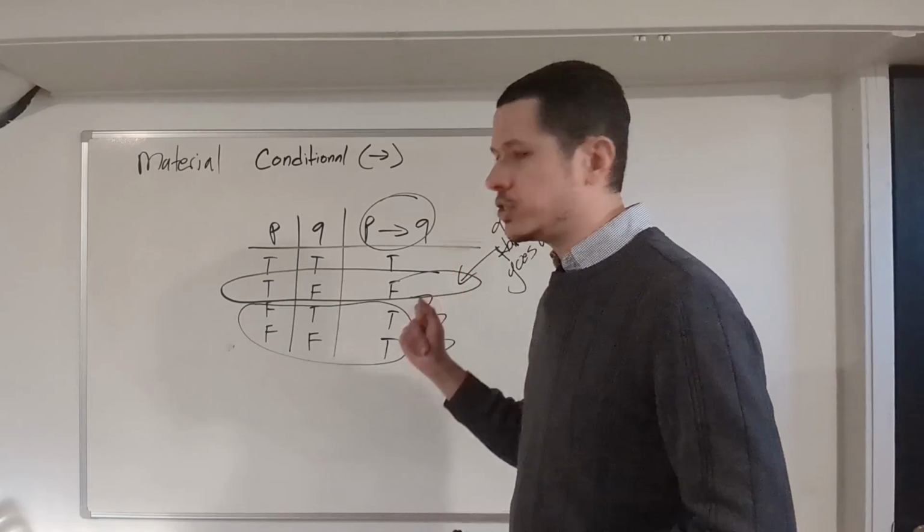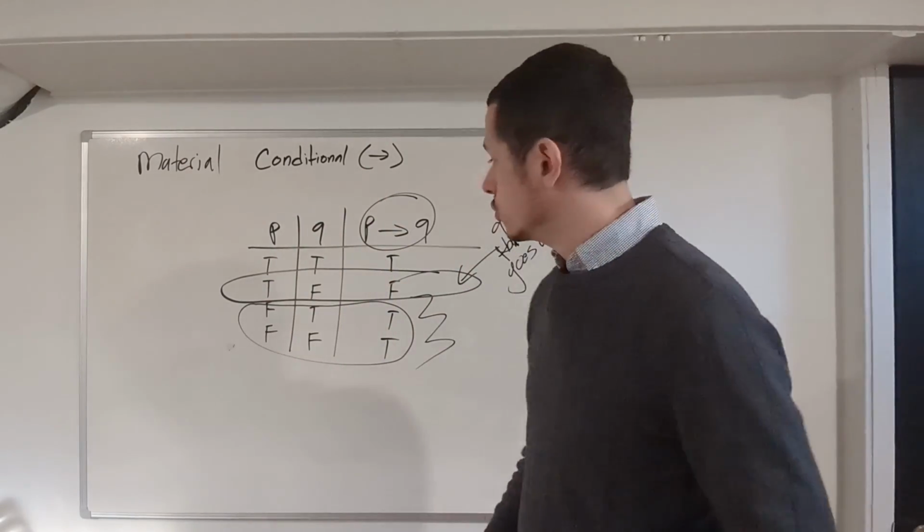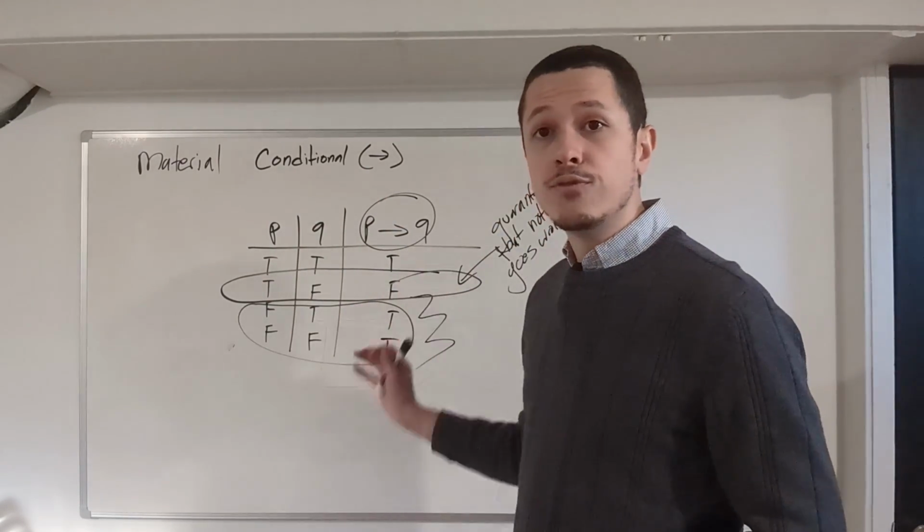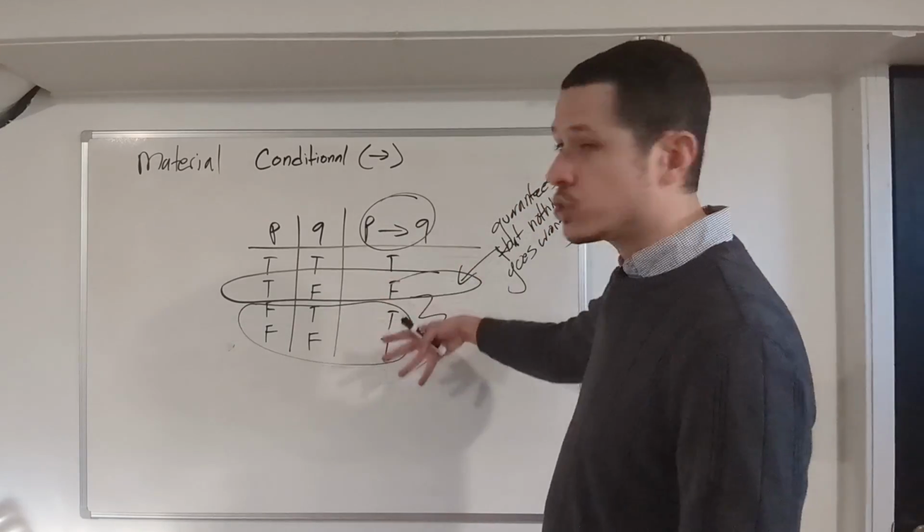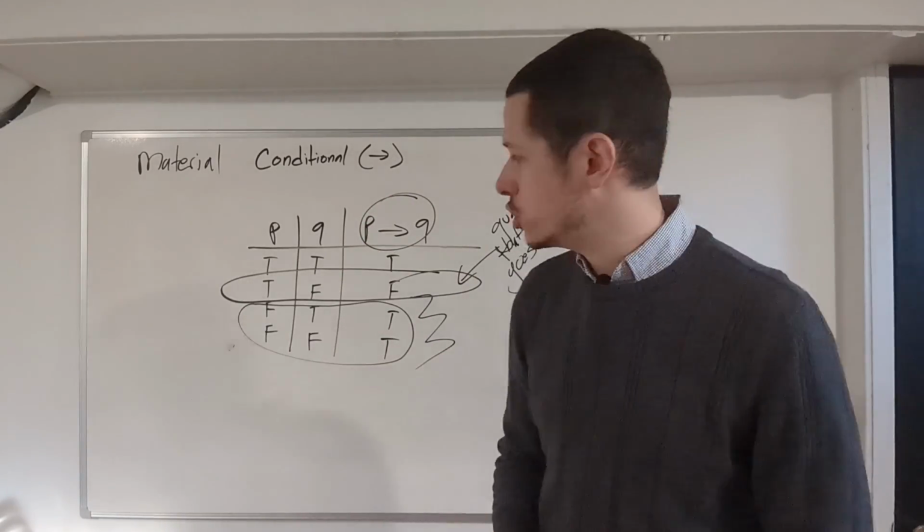Is there anything else that matters here? Yes, the formal definition. So before I let you go, let me give you the formal definition that captures what it is that this truth table is supposed to be doing.